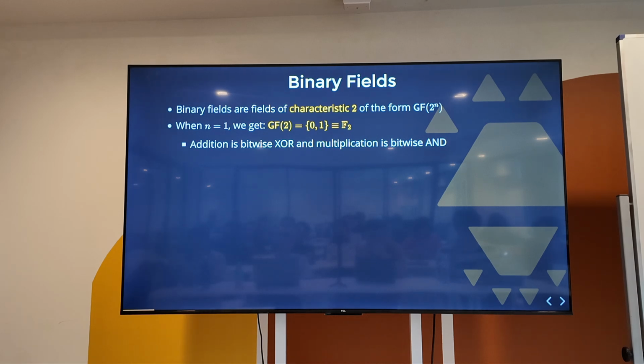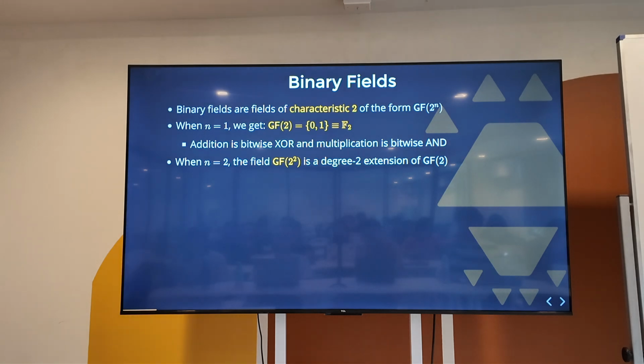When we go a level higher, let's say we want to understand what GF4, or GF2 to the power 2, is. The way we construct this is using something called extension fields. So if we take a degree 2 extension of your basic field, GF2, which contains 0 and 1, that will give us GF4.